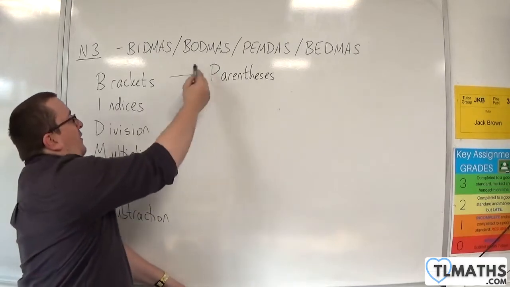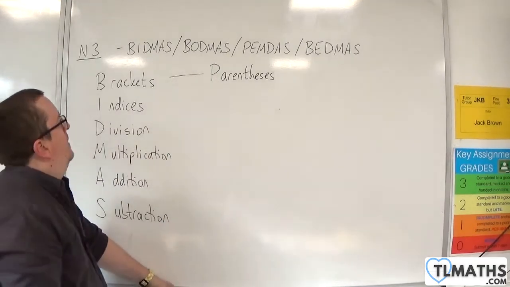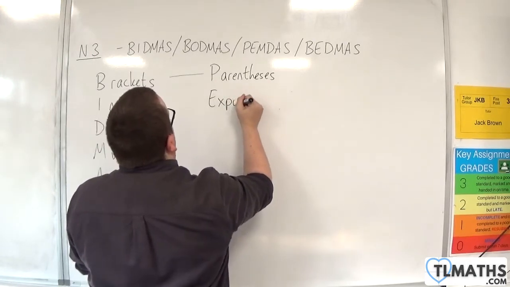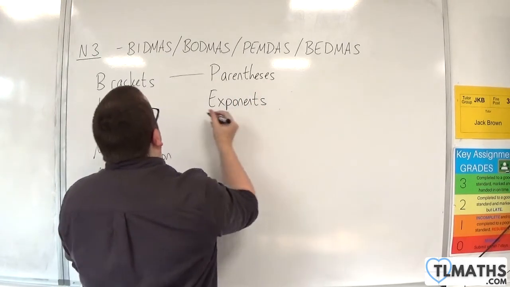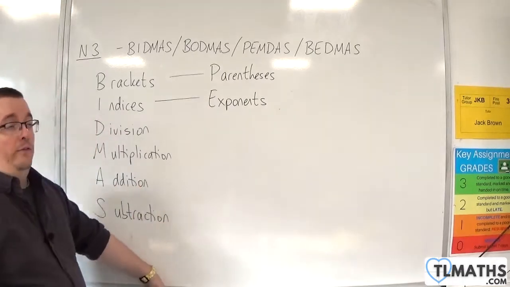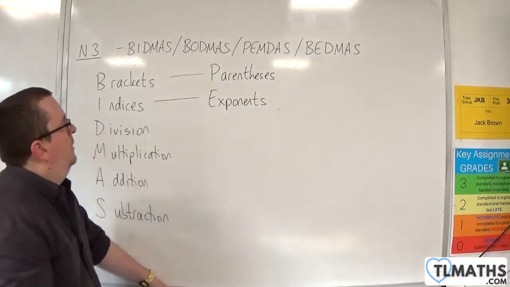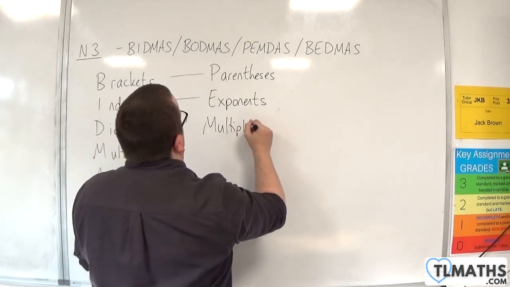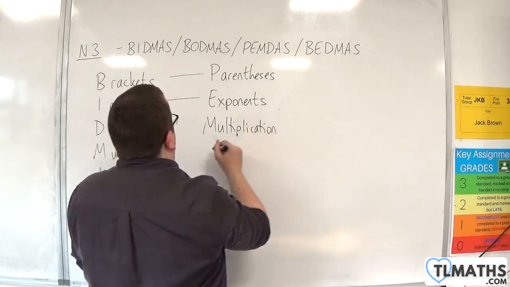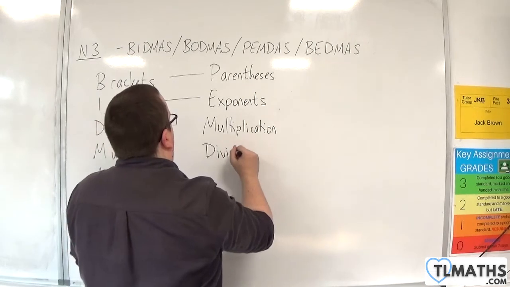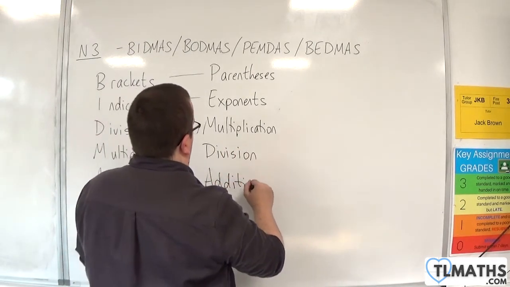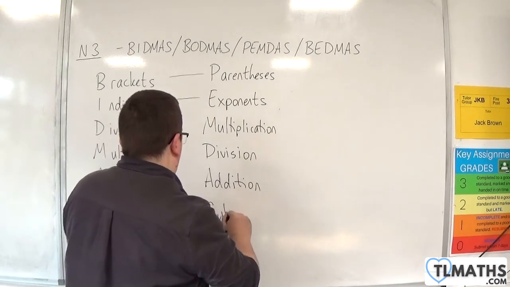Okay, these two things mean the same. Then the E is for exponents. So again, that is another way of writing indices. Then you've got M for multiplication, then D for division, then A for addition, and then S for subtraction.